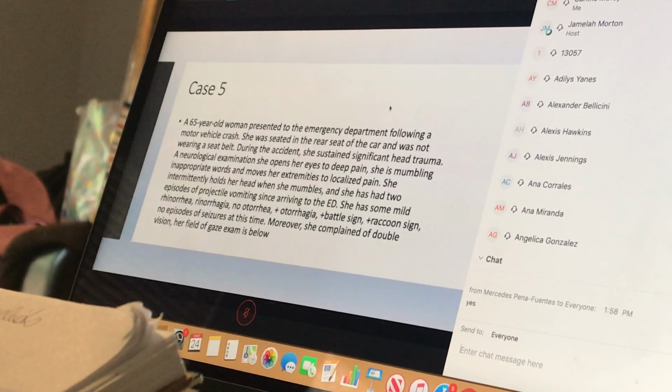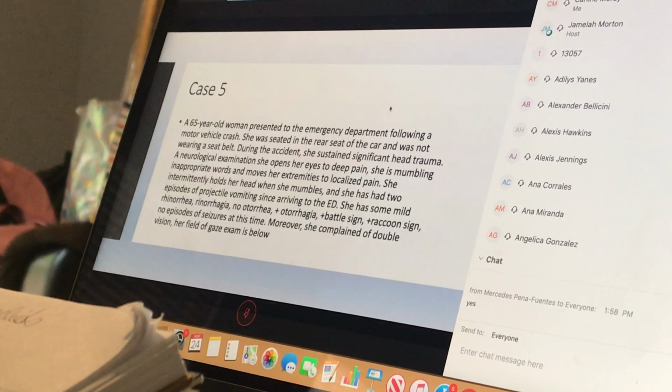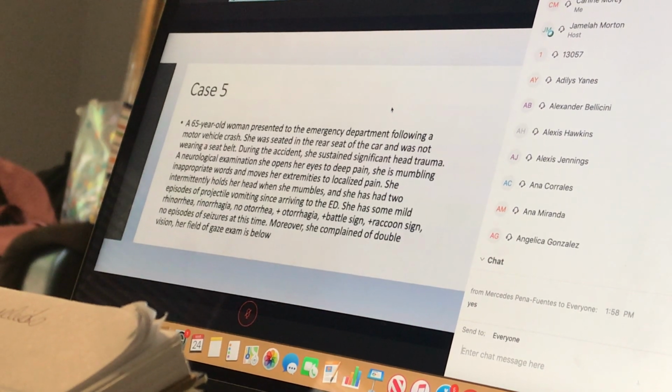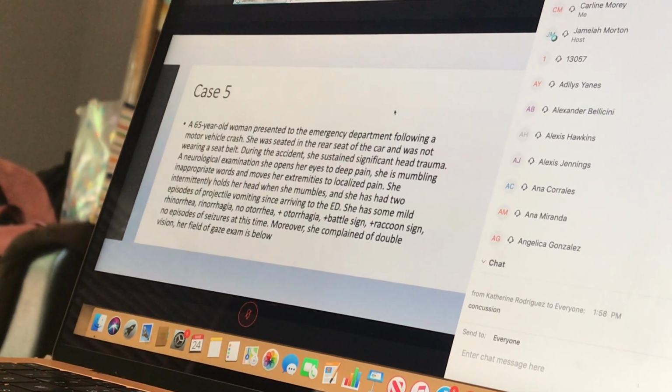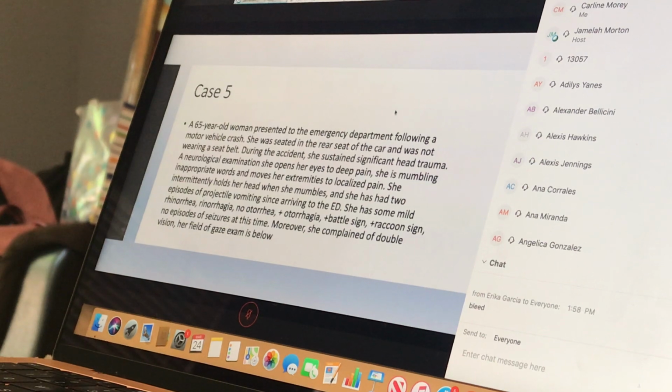She intermittently holds her head up when she mumbles, and she's had 2 episodes of projectile vomiting since arriving to the emergency room. What is the significance of projectile vomiting, guys? Where's the vomit center? Increased intracranial pressure. Yes.